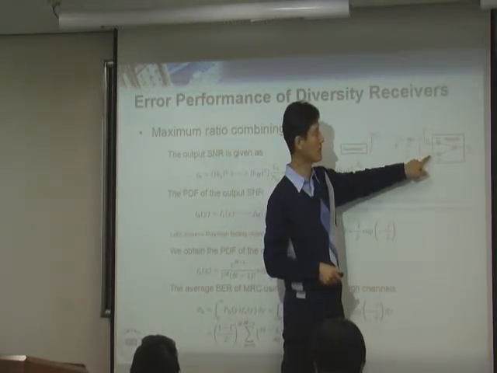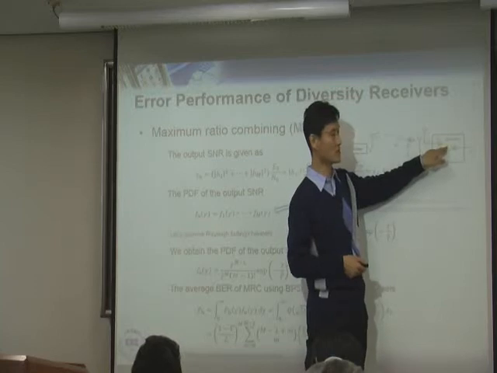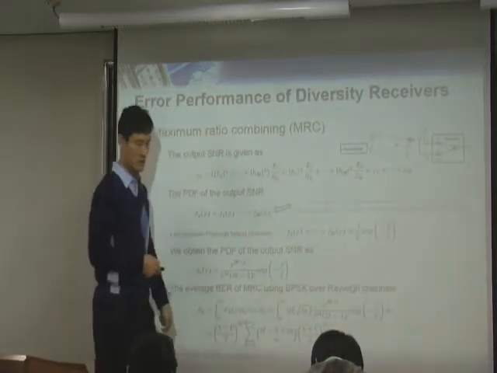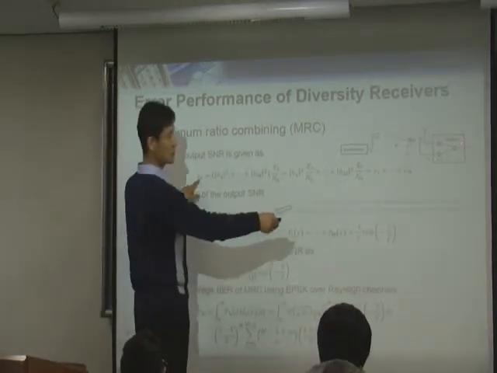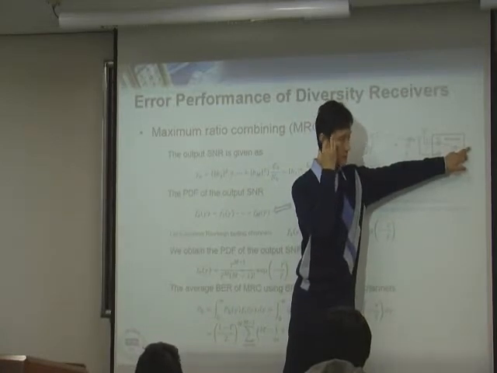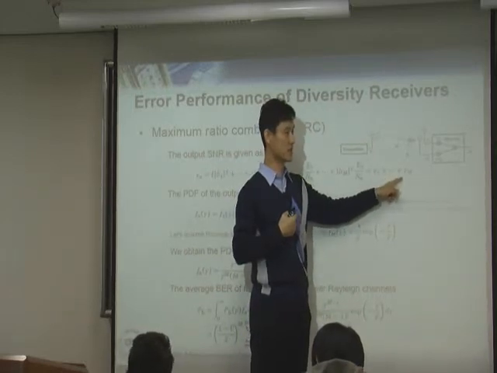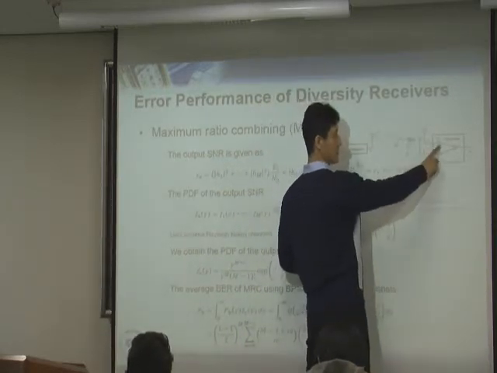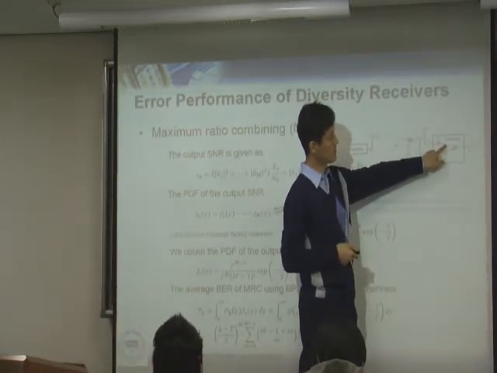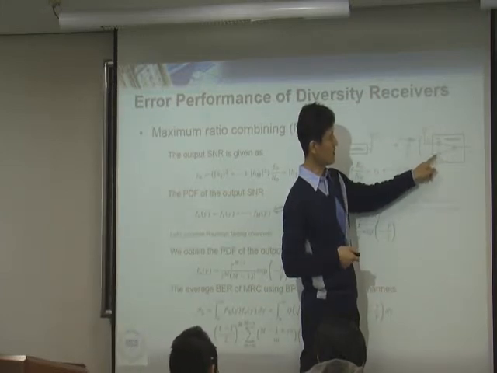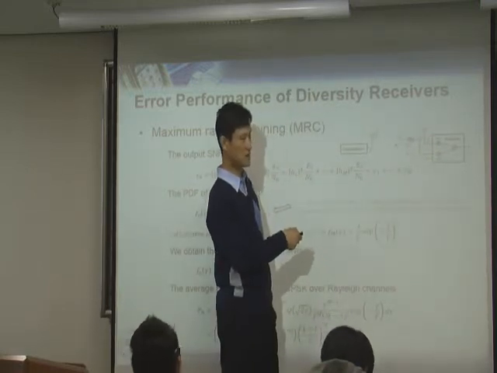When you do the MRC at the receiver, mathematically what that means is that your output SNR, gamma output right here, is simply the sum of the SNR from each branch. Right here you get the SNR gamma 1. From the m-th antenna, you get gamma m. You add them all together, and that's your output SNR.